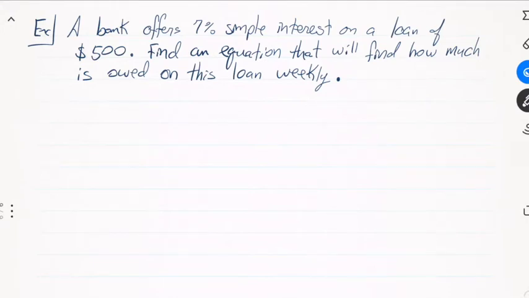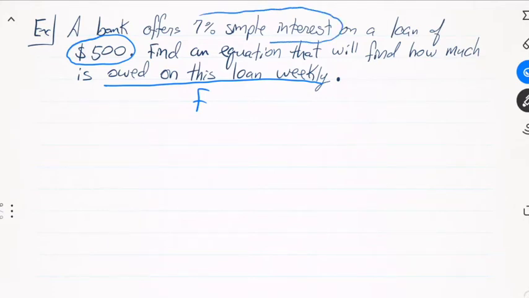We're talking about how much is owed on this loan weekly, so I'm going to let this whole thing be represented by the future value, F. Then we, of course, have this $500. And we have this interest rate, but that is not really going to be a number we use within our coordinate. So we're going to have to use that to find another point.